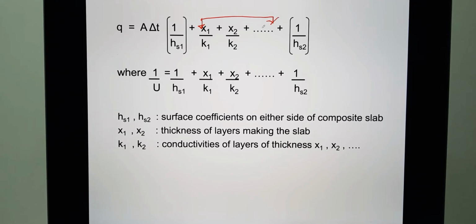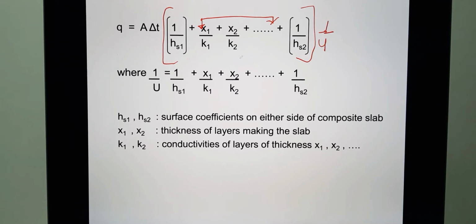If you have 3, then it goes up to 3 materials. Okay, and then you close the equation with 1 over HS2, whereby 1 over U is equivalent to 1 over HS1 plus X1 over K1 plus X2 over K2 plus 1 over HS2. So this particular part is actually 1 over U.